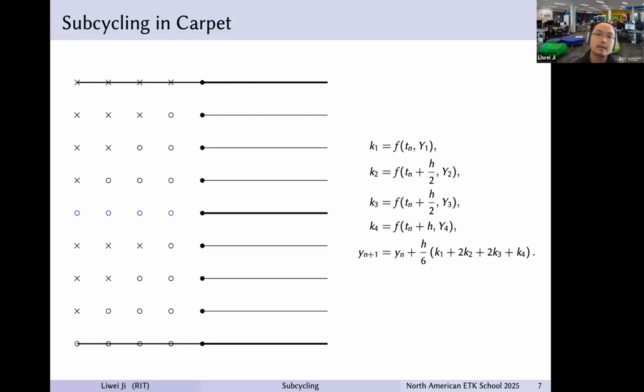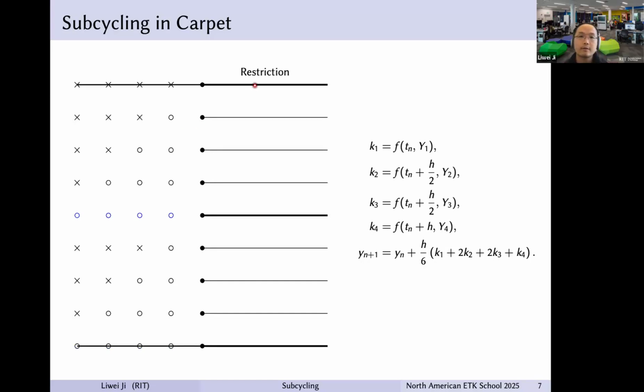But as you can see, in order to do subcycling in time in Carpet, we actually introduce 4 times the ghost zones at a refined boundary, and it can be really expensive. We also keep evolving this buffer zone, so there is also actual calculation required.